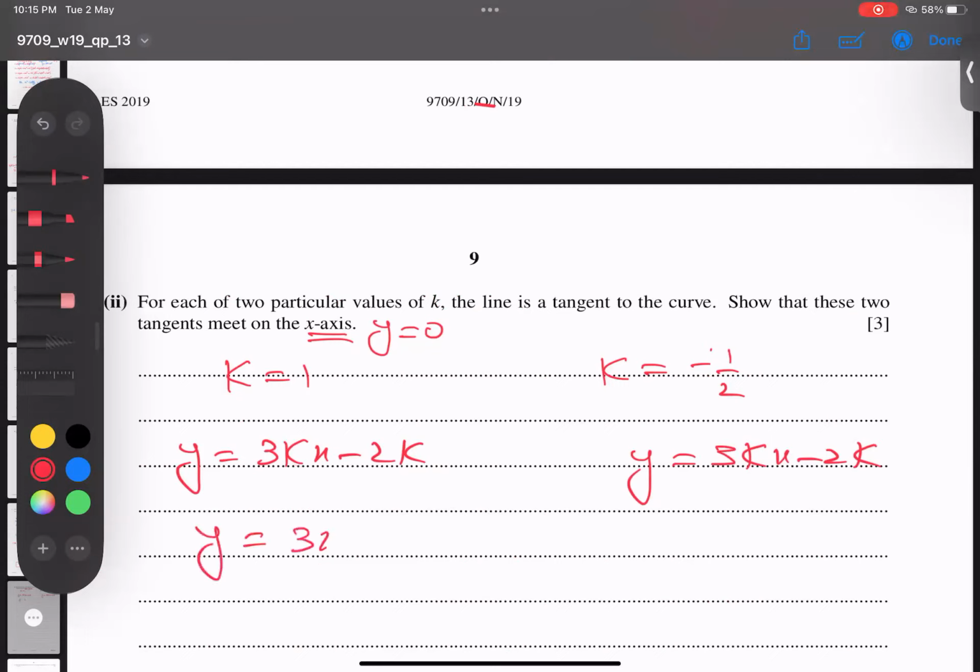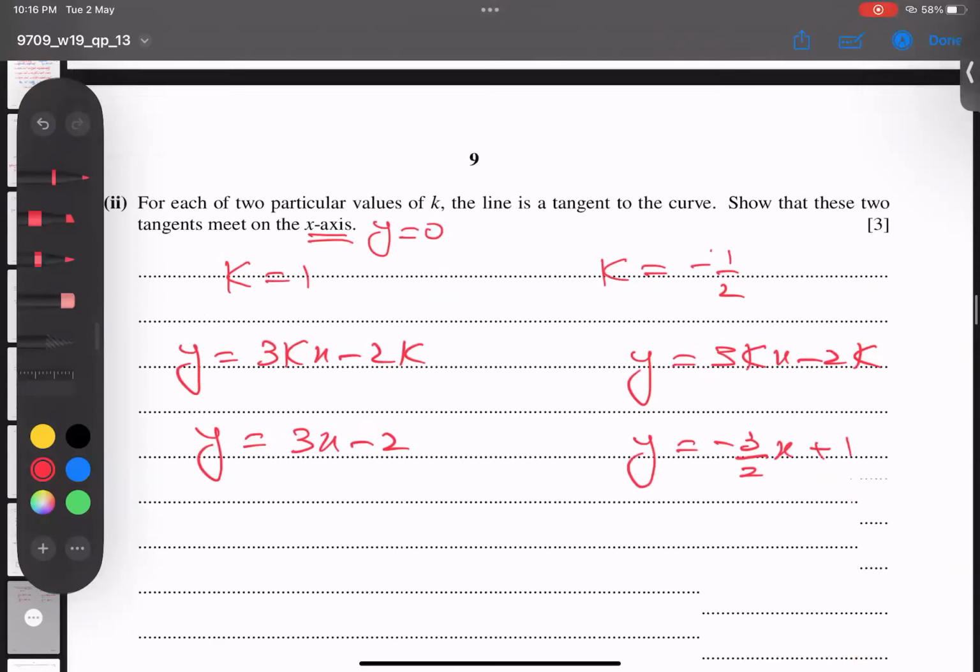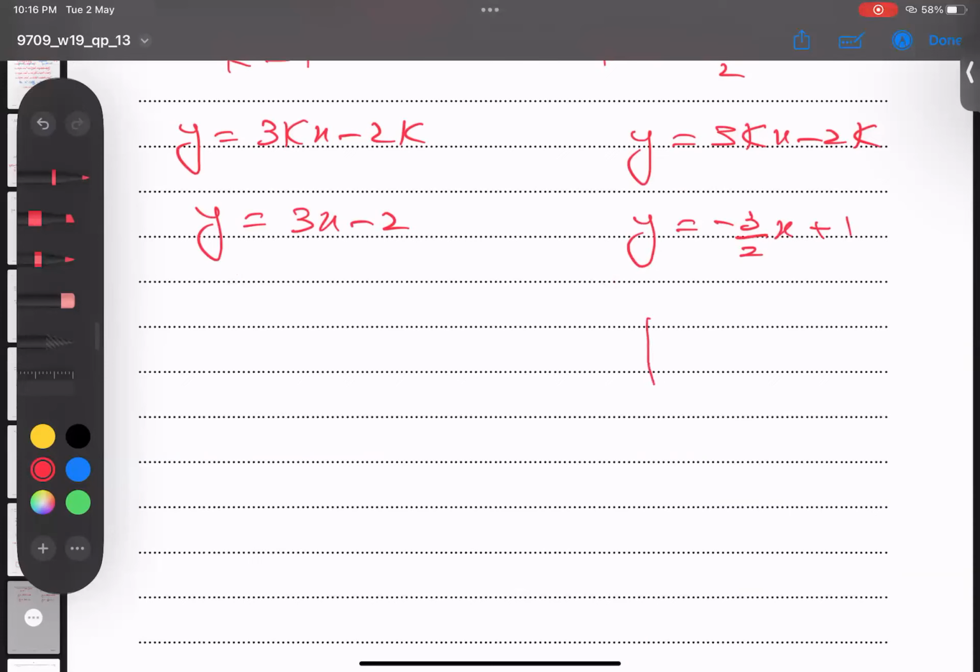I get 3x and I get 2. And when I replace k with minus half in both places, students, what will I get? Negative 3 by 2 x and negative plus 1. Now, according to the situation, if you look carefully, there is a curve and there are two tangents. One tangent here.